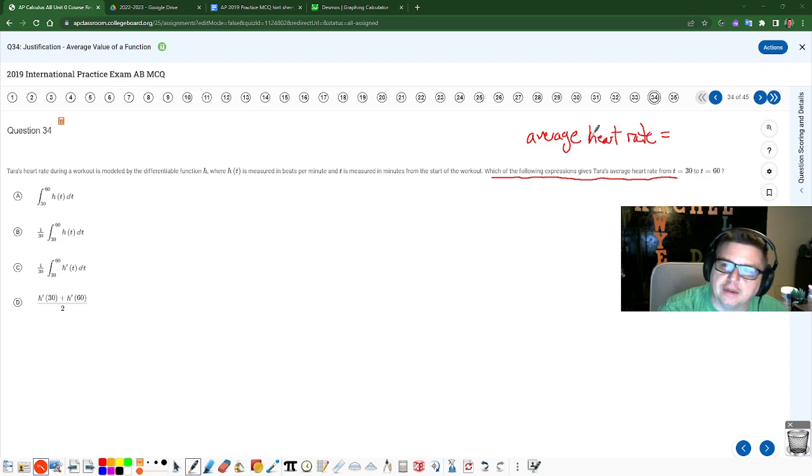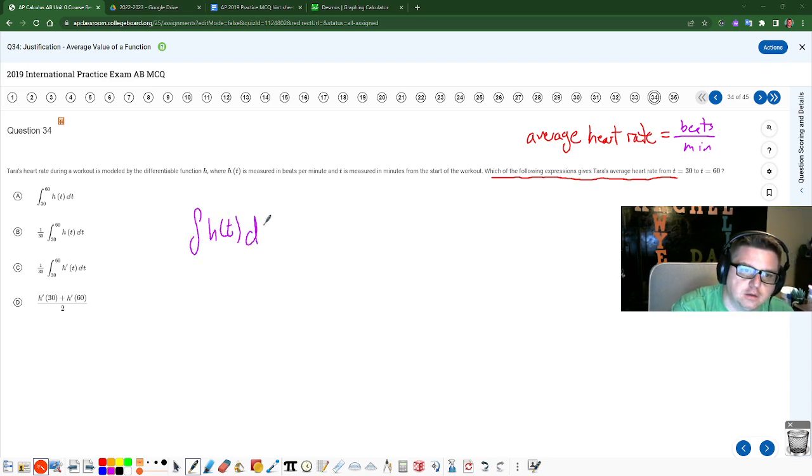All right, average heart rate. When we're doing an average heart rate, we want beats per minute, correct? That's what an average would be. We don't want beats per minute from the integral, that's not going to help us out. So what happens when we integrate h of t dt is we get back to, I don't know, we'll call it big H. And that's just going to be beats.